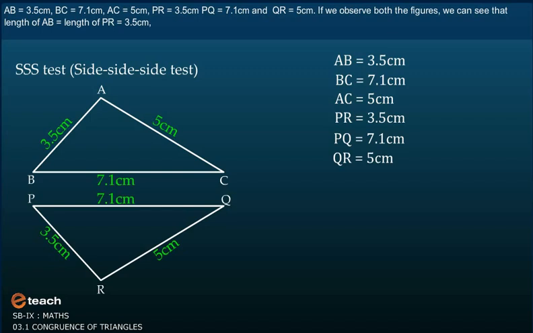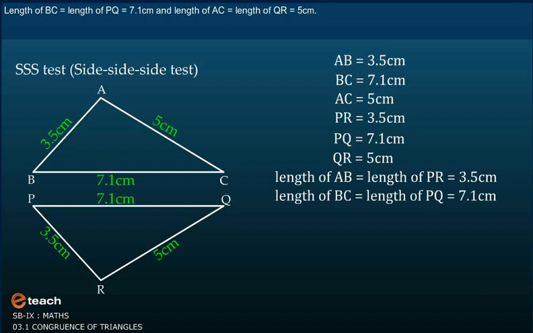If we observe both the figures, we can see that length of AB is equal to length of PR is equal to 3.5 cm. Length of BC is equal to length of PQ is equal to 7.1 cm. And length of AC is equal to length of QR is equal to 5 cm.